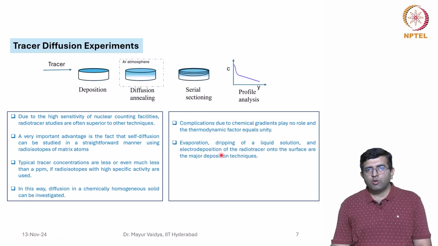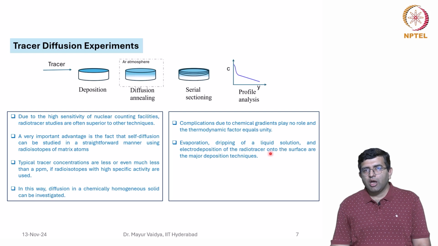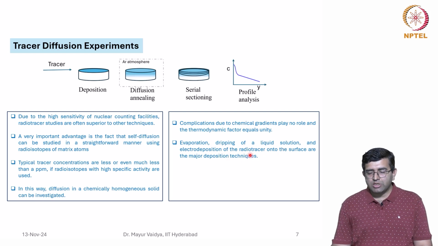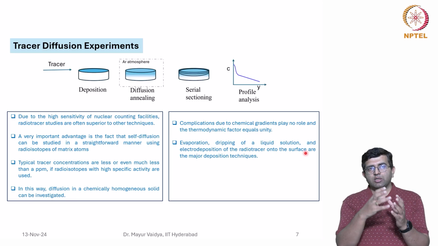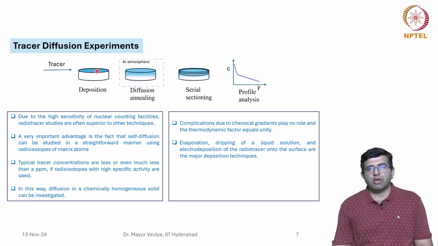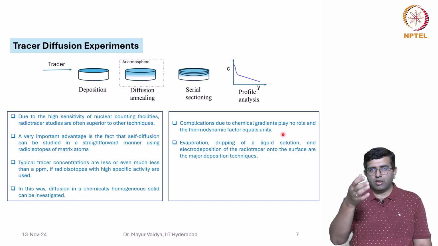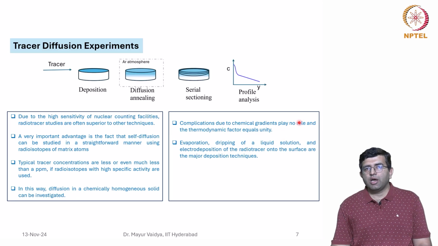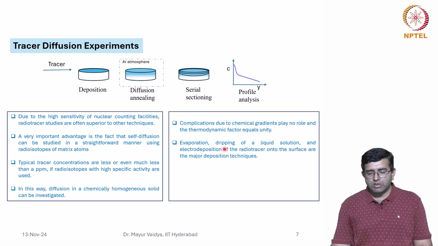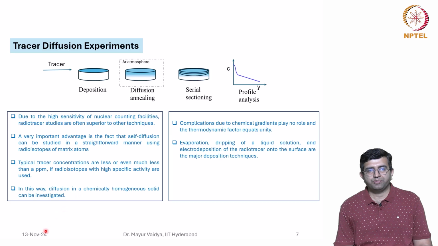You can use evaporation, dripping of a liquid solution, or the electrodeposition of the radiotracer onto the surface to deposit the sample. So at the deposition step, you can use evaporation, you can directly drop it using a pipette onto the surface, or you can use electrodeposition also.